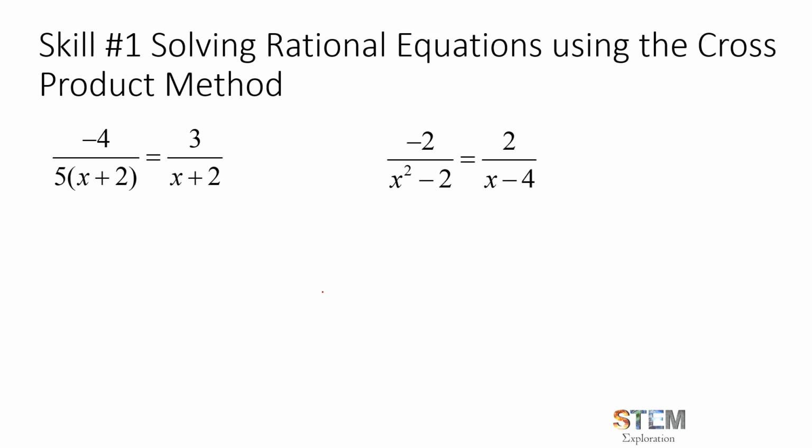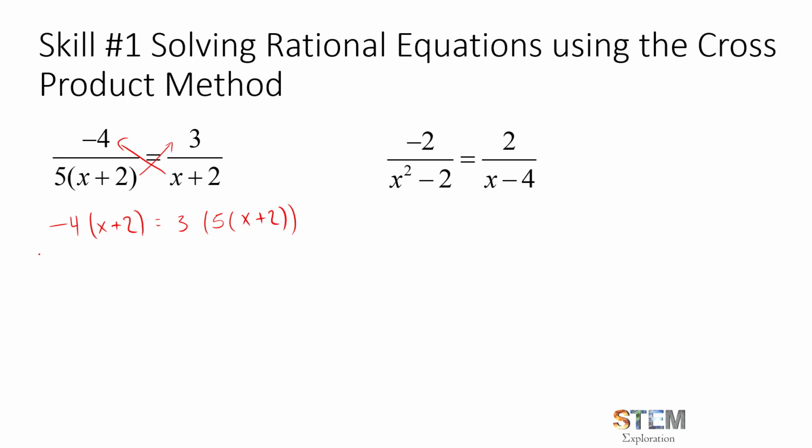So the main idea here is if you are going to use cross products, what you're trying to do is multiply both sides by the opposite denominator. A lot of times, I would just write out cross multiplication like this, where you're rewriting this as negative 4, I should say, times x plus 2 is equal to 3 times 5 times x plus 2.